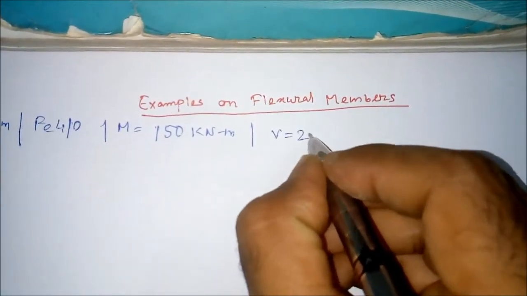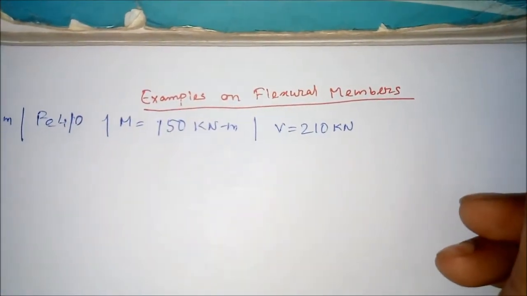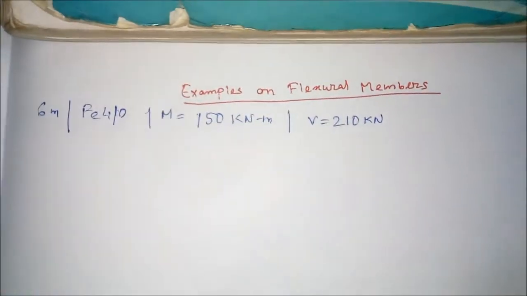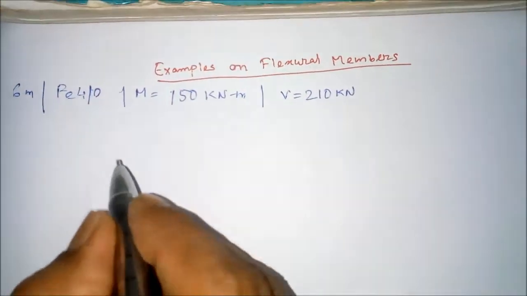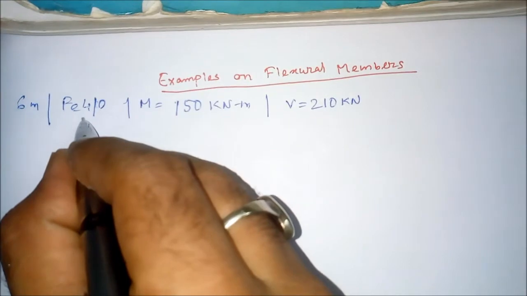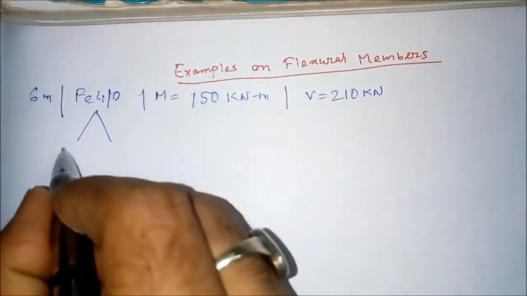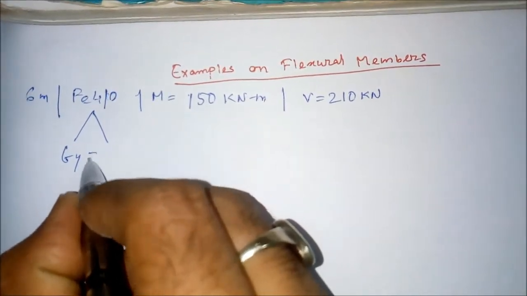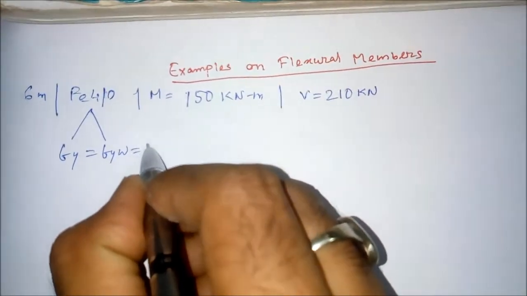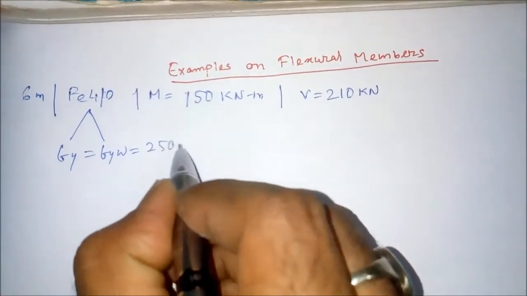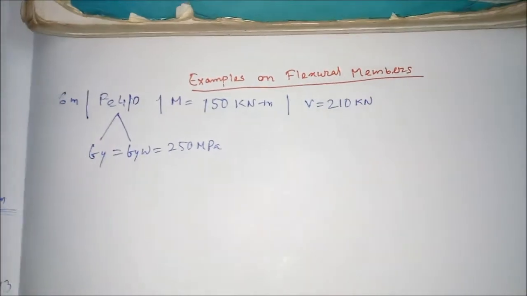Maximum shear force is 210 kilonewton, and you have to design for the particular beam. So the given data will be like, for Fe410 the value of Fy will be equals to Fyw will be equals to 250 N/mm squared, right? So those are the given data.